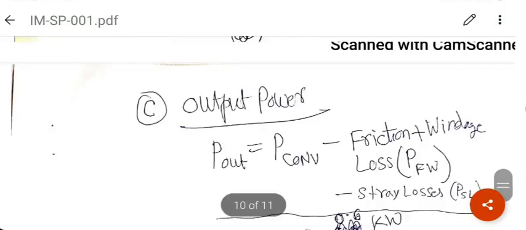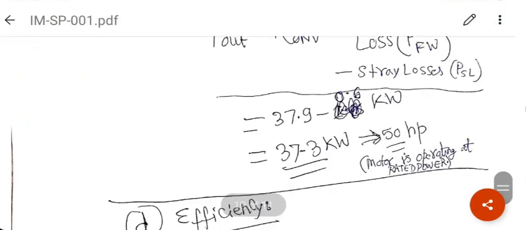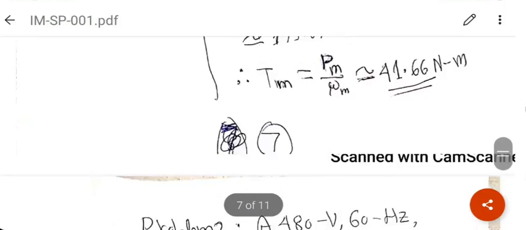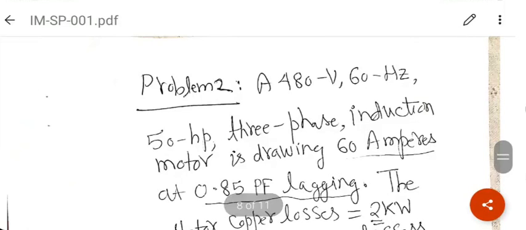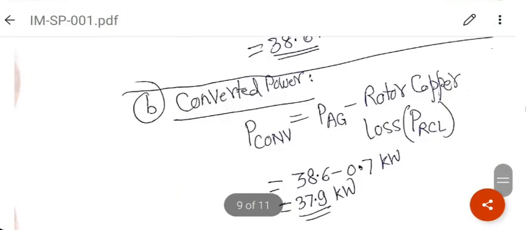So you subtract that 0.6 kilowatt from 37.9 kilowatt to get the actual mechanical output power as 37.3 kilowatt, which actually works out to 50 horsepower almost, which is the rated power of the motor. So the motor is operating at almost full rated power. 50 HP is the recommended value of output power, and we are operating at that.